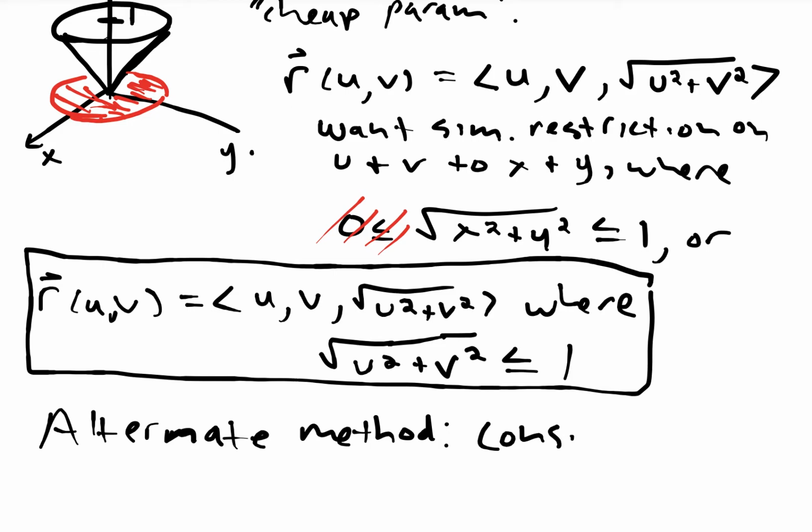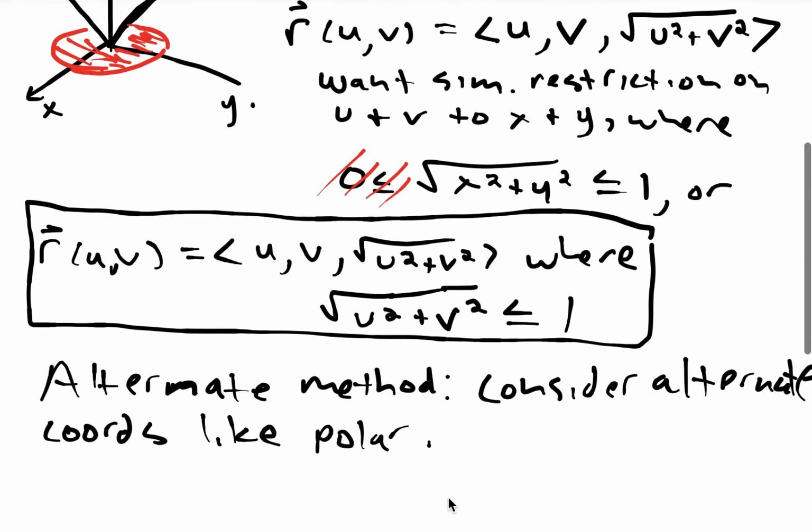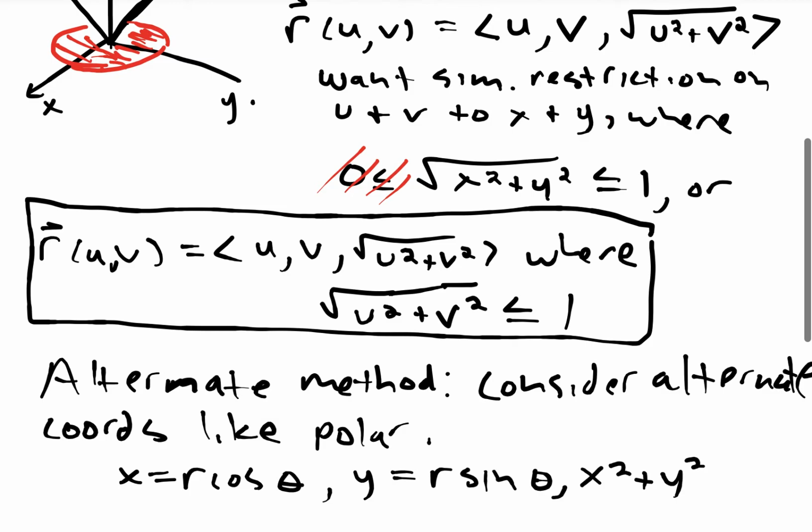So I could consider alternate coordinate systems, kind of like polar or cylindrical here. Since this is really just two variables, it's more polar than cylindrical. We had these coordinate conversions: x was supposed to be equal to r cosine theta, and y was supposed to be equal to r sine theta. We also had a conversion that x squared plus y squared should really give you r squared.